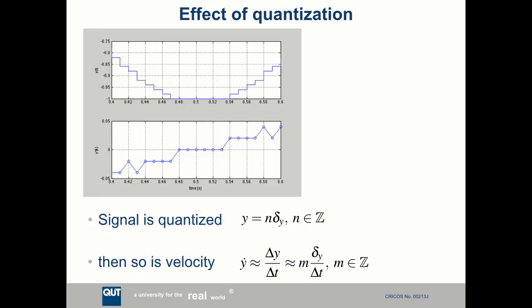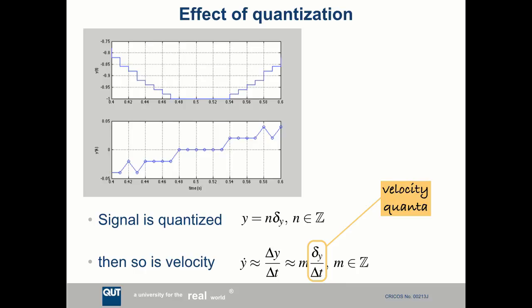So if that's the case, then the velocity, which is delta y over delta t, you can show is going to be m, another integer, times that thing. And that's the velocity quanta. So the minimum size velocity step that I can estimate is a function of the quantization level of the input signal divided by the time interval.